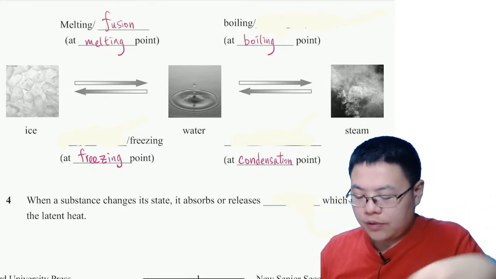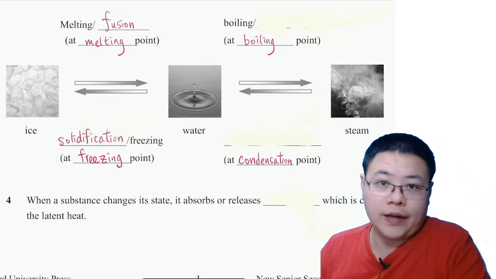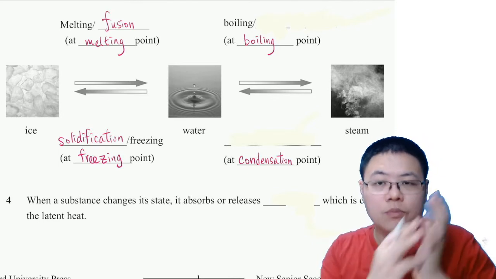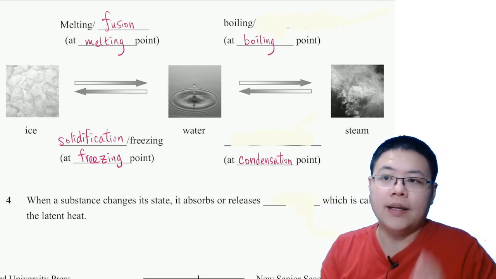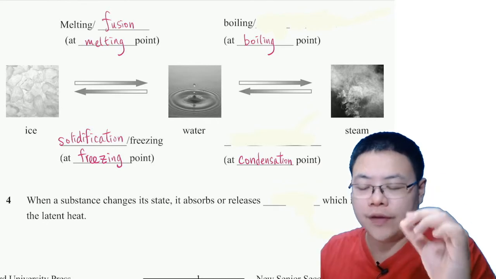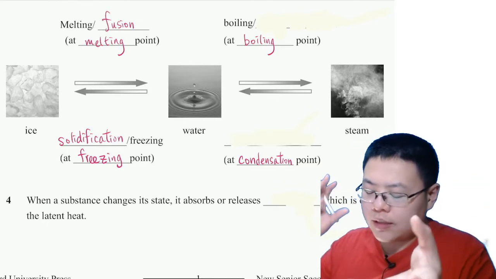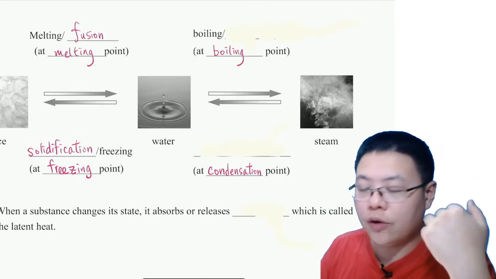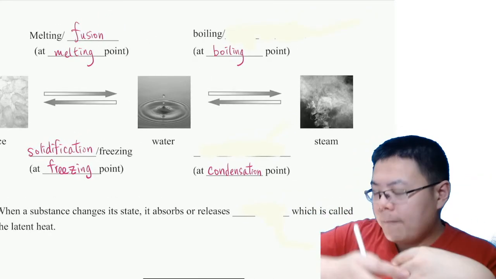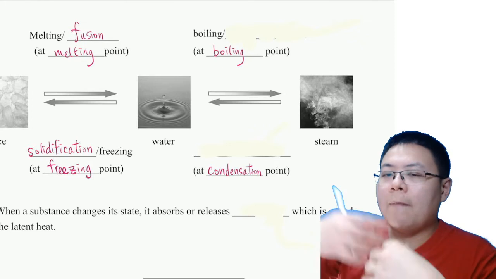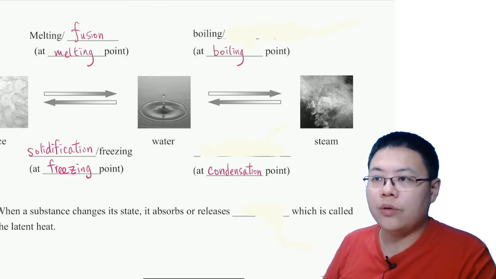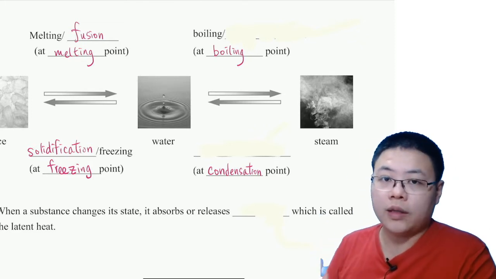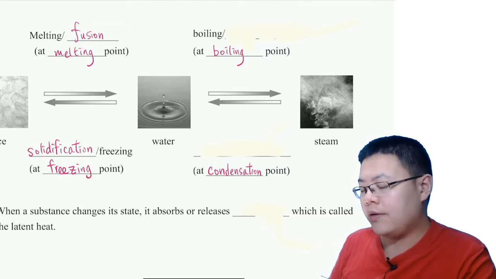And liquid becomes solid, it is solidification. Become solid, solidify, and the name is solidification. It means the process of freezing. The same happens for boiling, become gas, become vapor. You know, steam can also be called water vapor, 水蒸氣, okay?